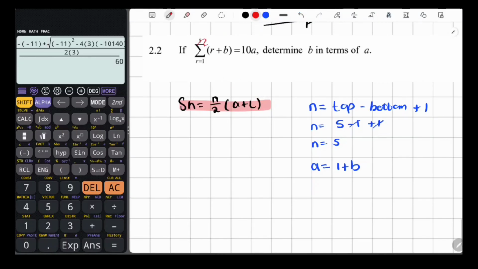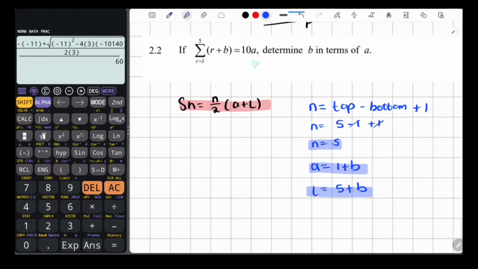They told us where the series is going to end. It's going to end where r is equal to 5. So in place of r, we're going to put 5. So L would be equal to 5 plus b. Okay, so we have everything that we need now. We have our n, we have our a, and our L.